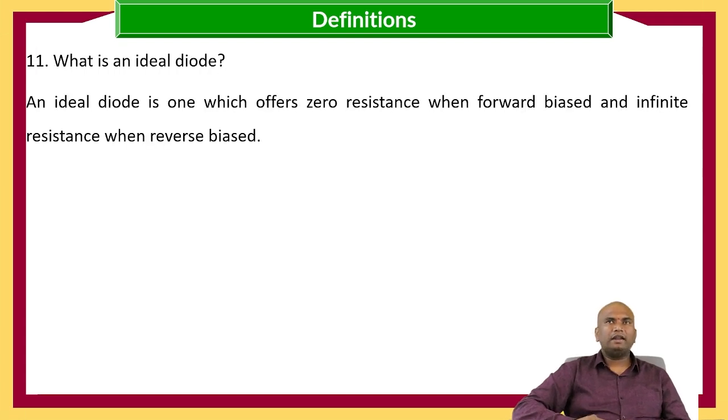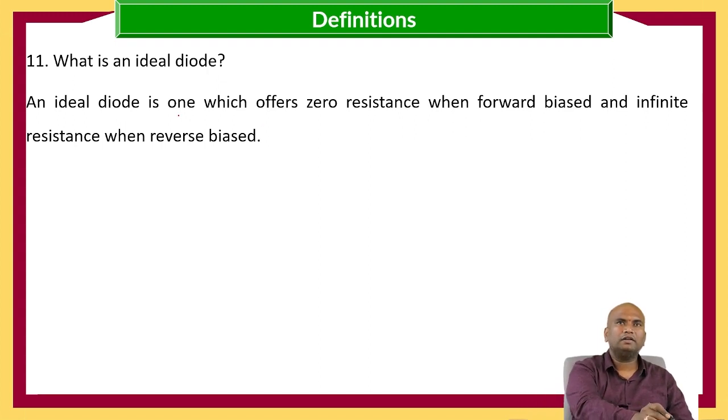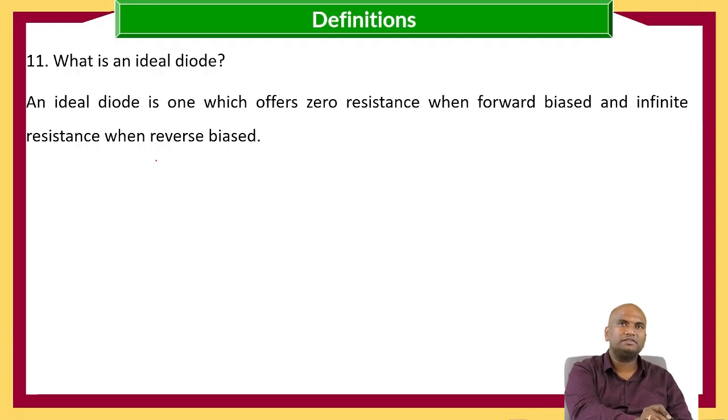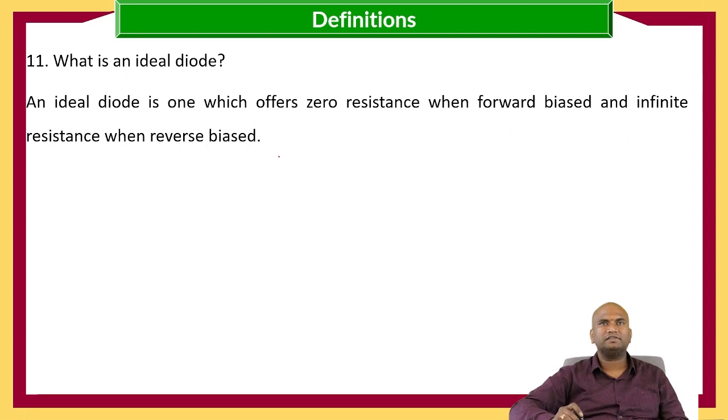What is an ideal diode? An ideal diode offers zero resistance when it is forward biased. That is, an ideal diode acts like a short circuit during forward bias, and offers infinite resistance when it is reverse biased.